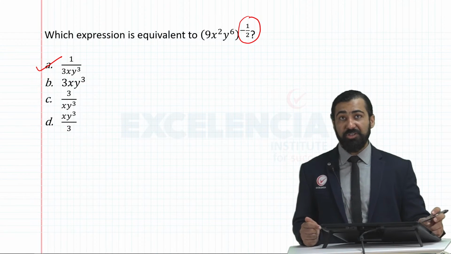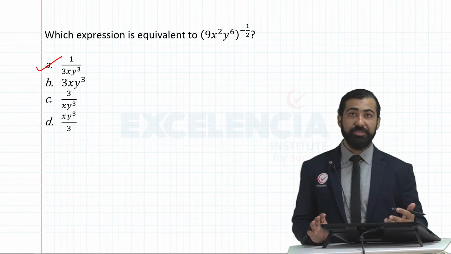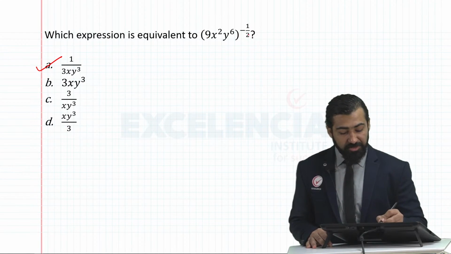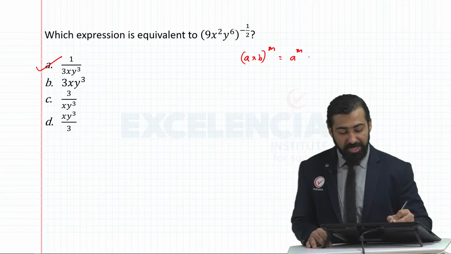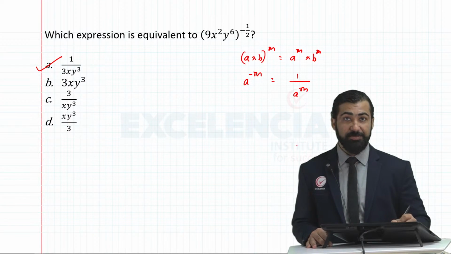That being said, we won't always be this lucky, hence we should also know the mathematical method. So we know that (A times B) to the power m is the same as A to the power m multiplied by B to the power m. We also know that A to a negative exponent can be written as 1 by A to the positive exponent.